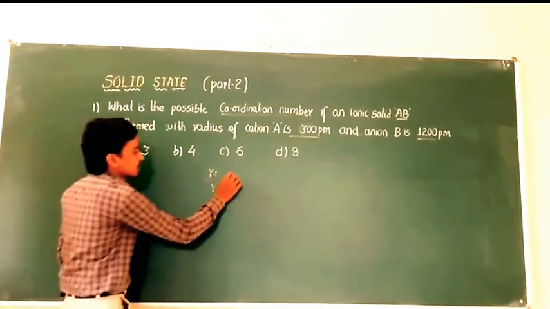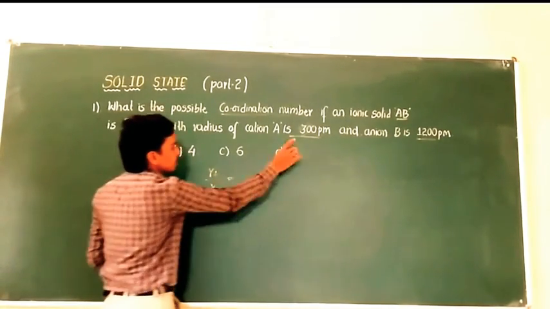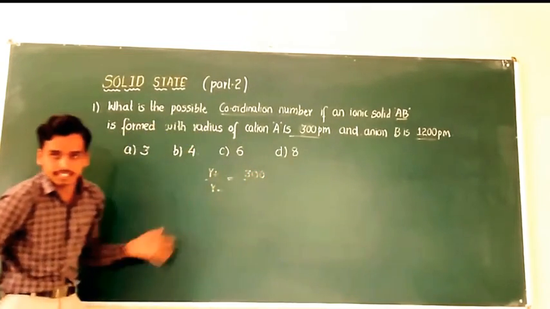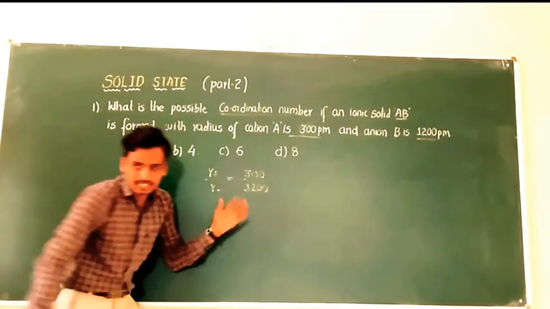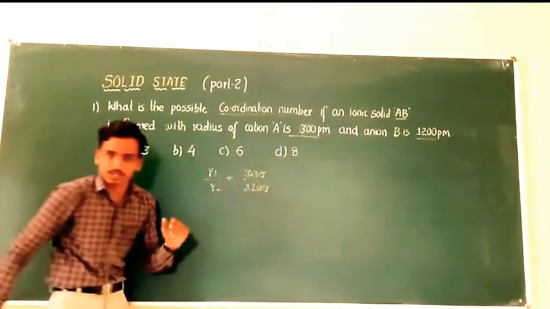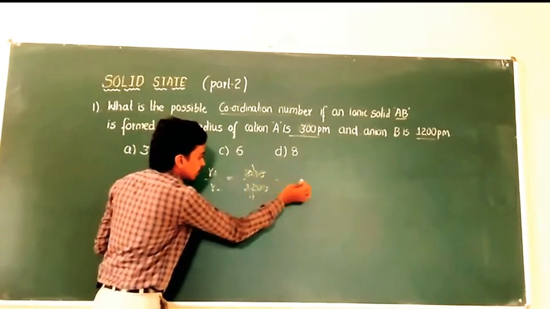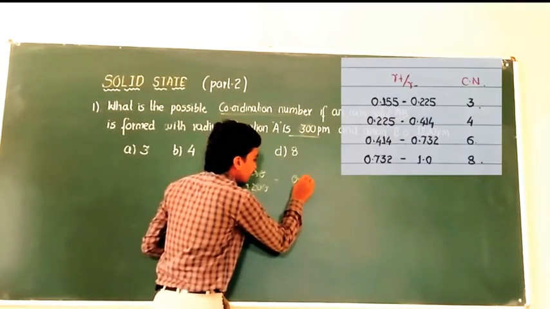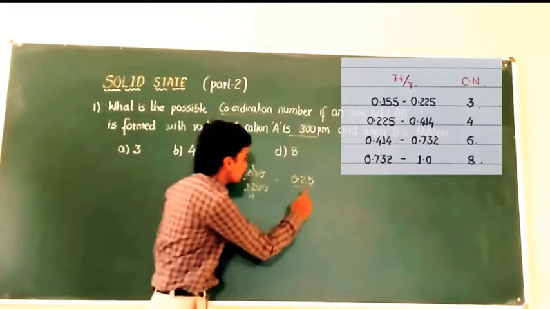So r plus by r minus is 300 picometer divided by 1200. These are quite simple numbers. The two zeros cancel, and three ones are three fours, so it is 1 divided by 4, which is 0.25. We are getting the answer 0.25.